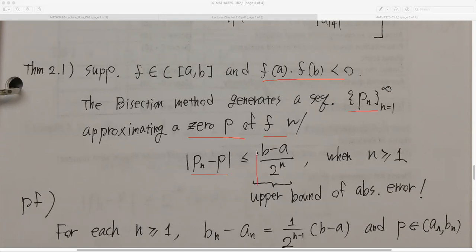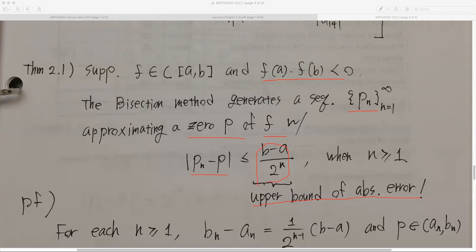So this is the upper bound of the absolute error. From that inequality, we can figure out how many iterations we need to get an approximate solution within a given error.